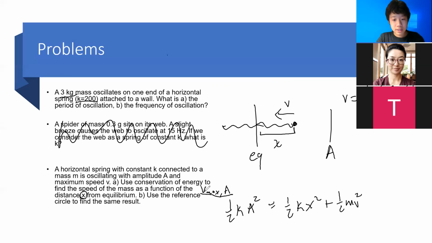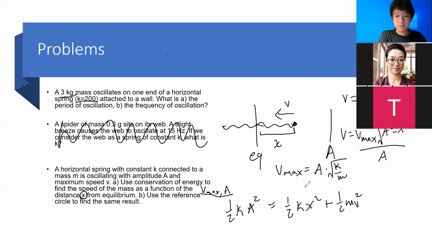But the problem wants us to get rid of k and m and replace them with v max. And remember how v max is just a times the square root of k over m? We do have the square root of k over m here, so we can just replace that with v max. So if we take this out and replace it with v max, then we get v equals v max times the square root of a squared minus x squared, all over the amplitude.